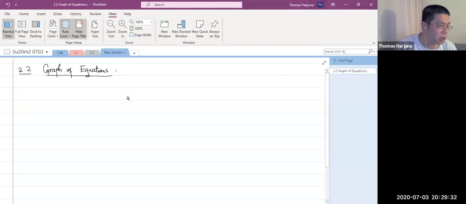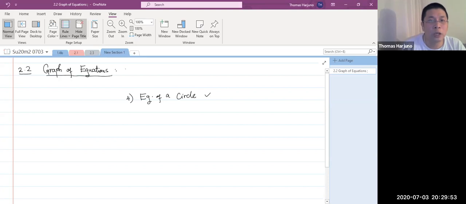I think that's the last part of this section. Equation of a circle, which we have done. Okay.